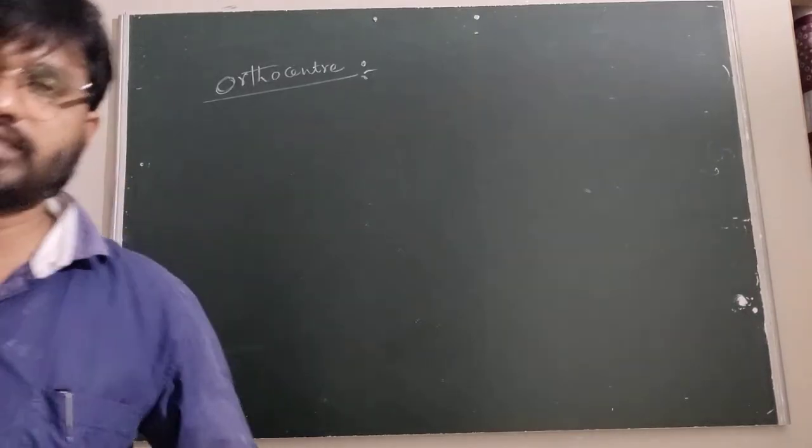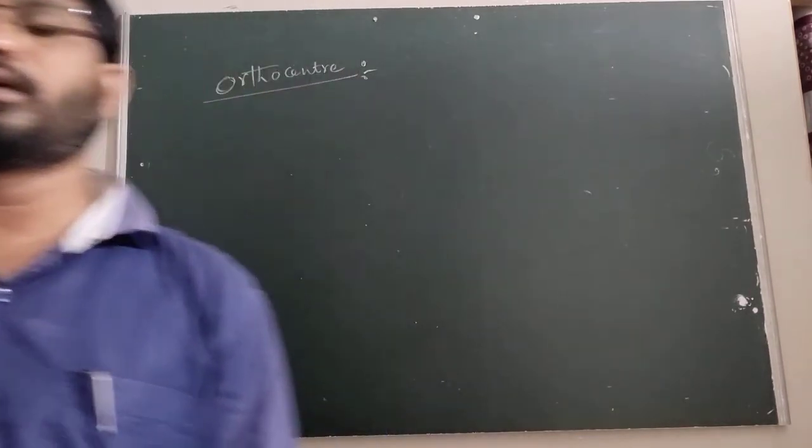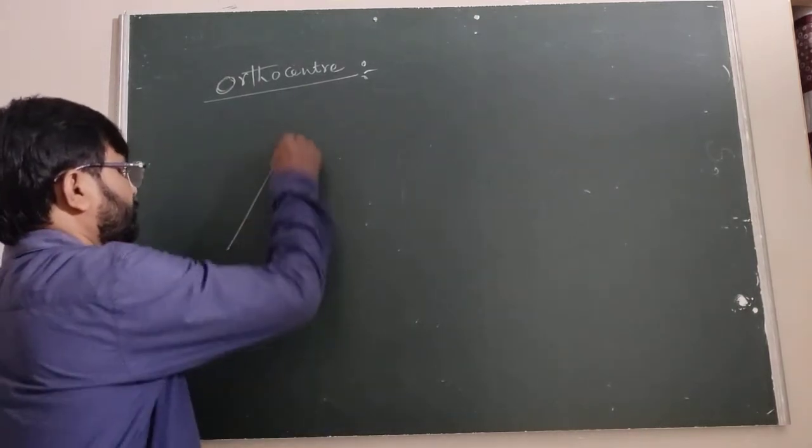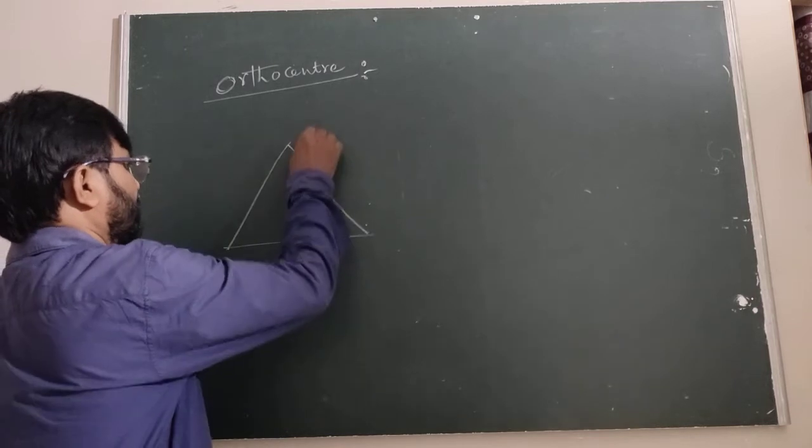Now we are going to discuss the orthocenter. All of you listen. This is the triangle ABC.